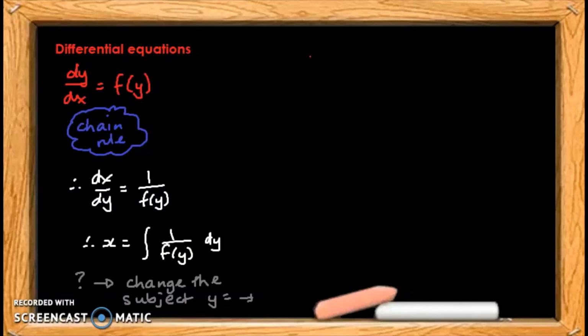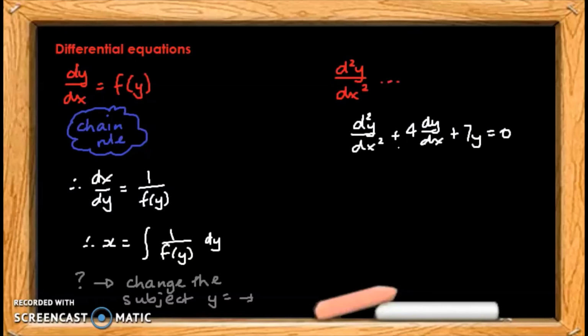The other circumstance that today's lesson covers is when you have some double derivative involved. And when you have something like that, and you end up with an equation that looks like d2y dx squared plus 4 dy dx plus 7y or something like that, then your strategy is going to be to list your values.